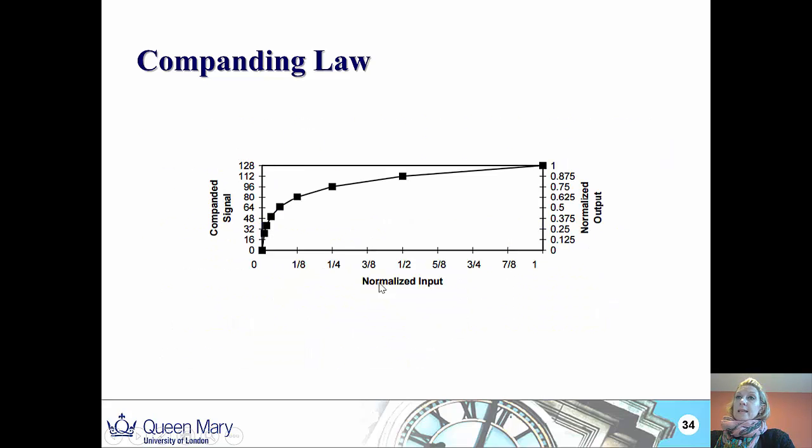We can see the principle of the compounding law in this figure, where larger amplitudes are mapped into smaller intervals and smaller amplitudes are mapped into larger intervals.